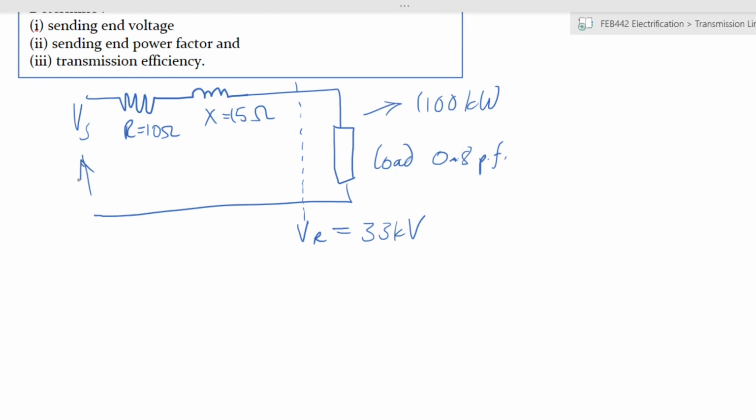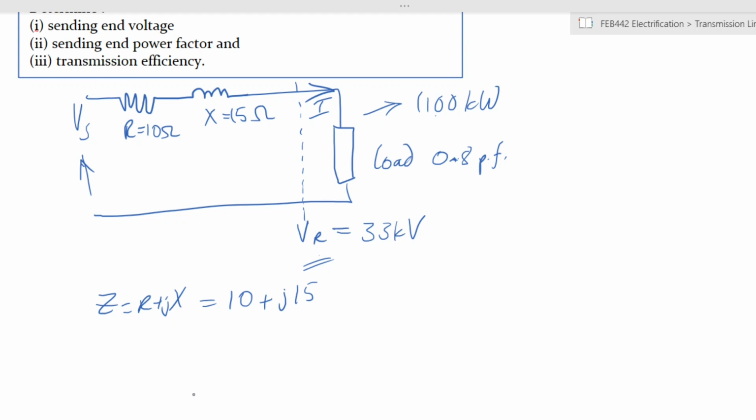Luckily we know everything about the voltage at this point. We know the angle, we know the amount of power, and we know VR. Because we know all this, we can find the current, which is the missing component. So we have Z equals R plus jX due to the transmission line, which is 10 plus j15.